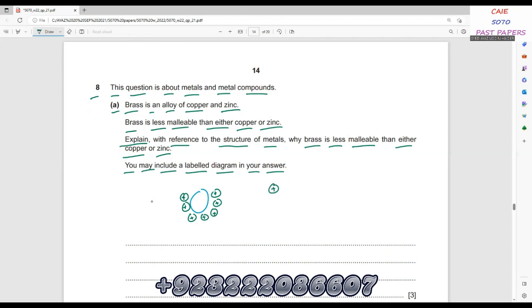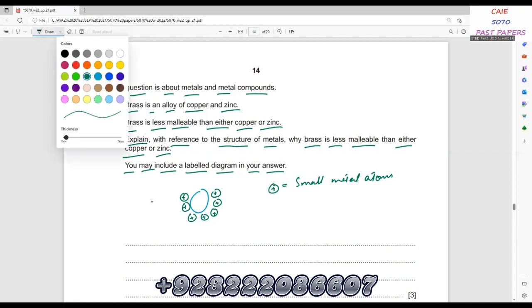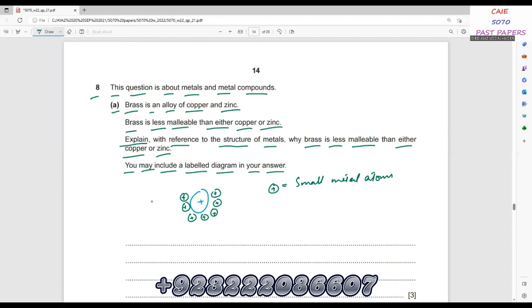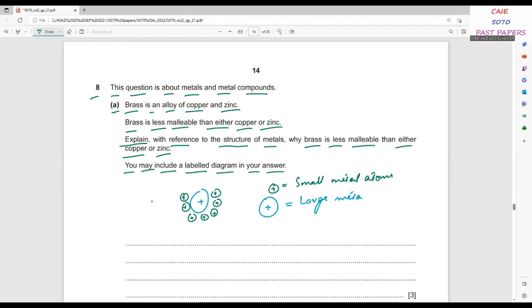So these are small metal atoms. This one is a large metal atom.